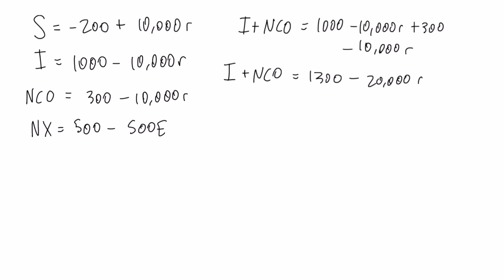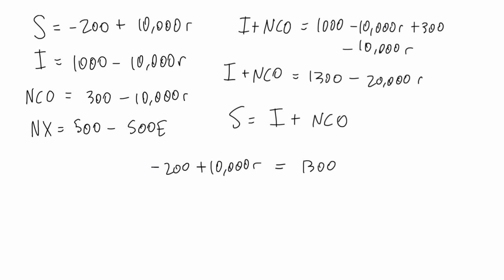Next, for our equilibrium in the loanable funds market, we must have S equals I plus NCO. So to get that done, we'll have negative 200 plus 10,000 R equals 1,300 minus 20,000 R. Collect terms and solve for R. So we'll add 200 to both sides to get 1,500 over here.